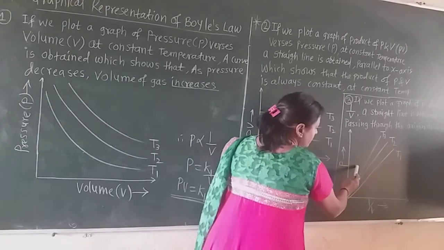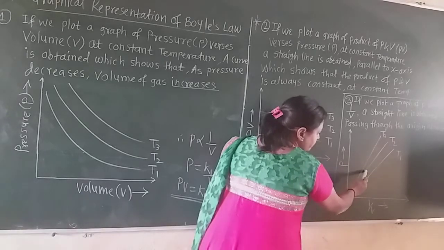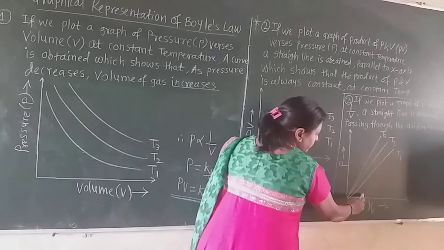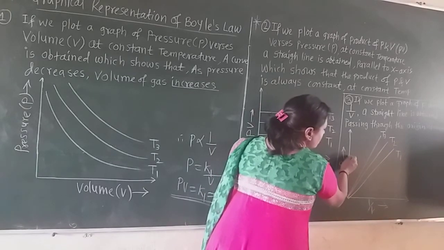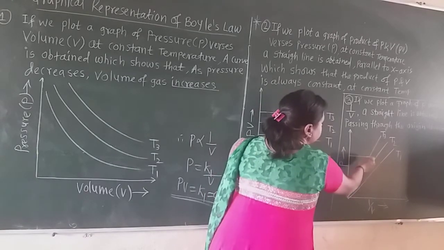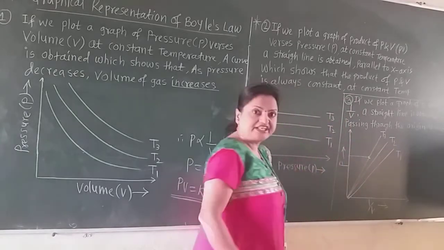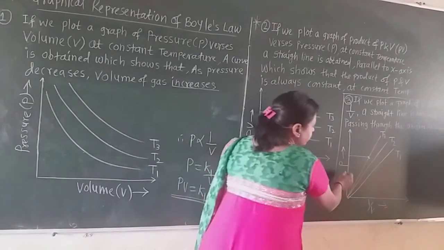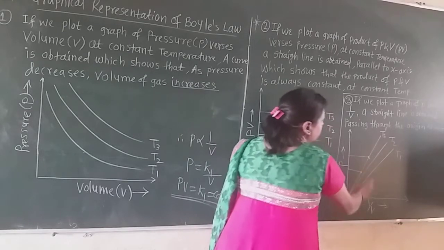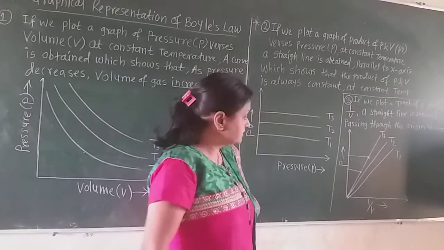As the pressure decreases, at the same time the volume increases. Suppose here on the upper side pressure increases and on the lower side pressure decreases.